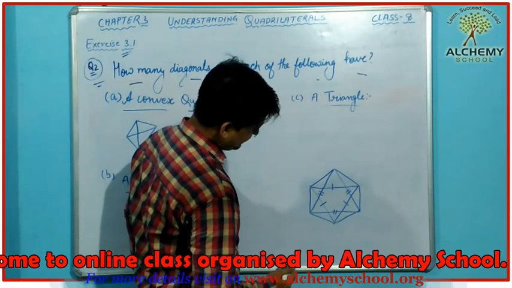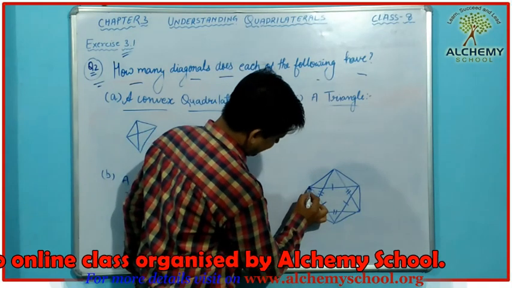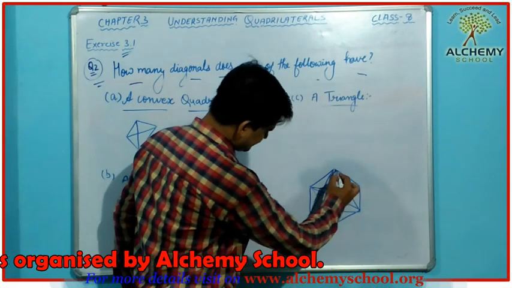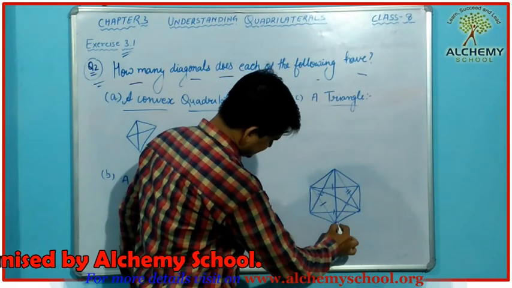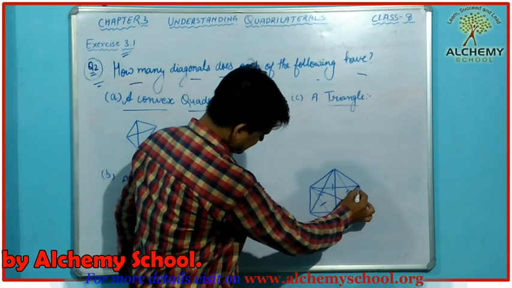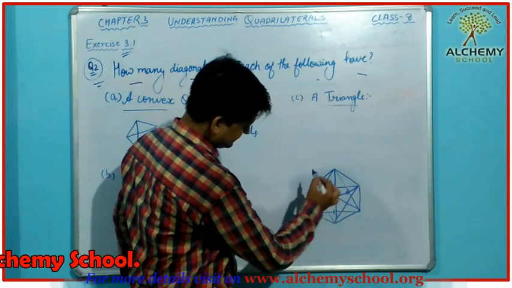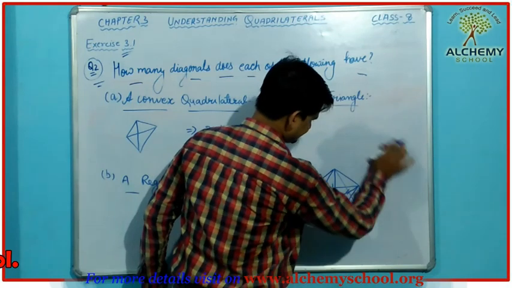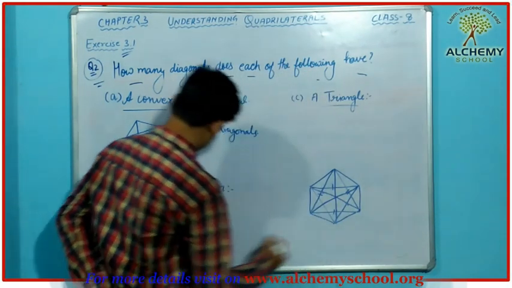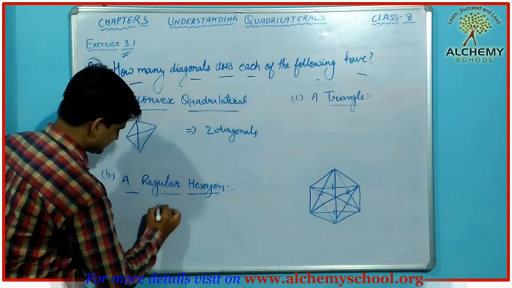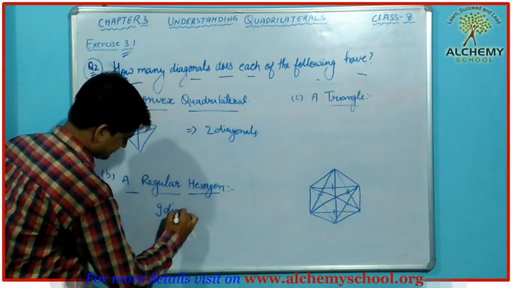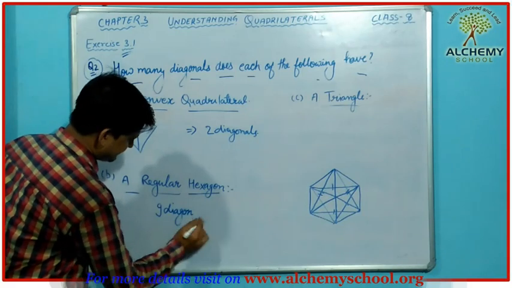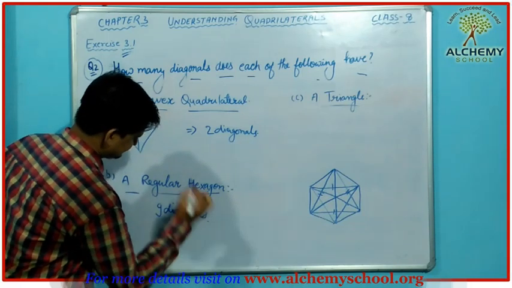Now we will observe, can we make more diagonals? So yes, it is a diagonal, it is also a diagonal, and it is also a diagonal. So totally we can make here 9 diagonals.